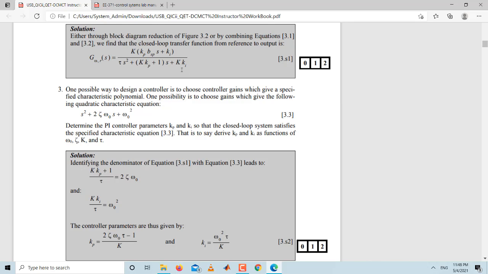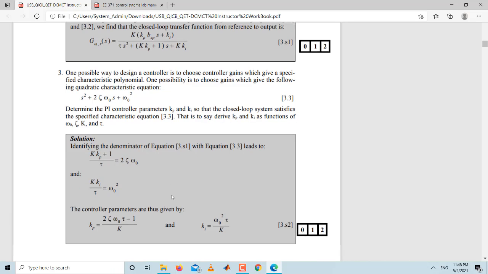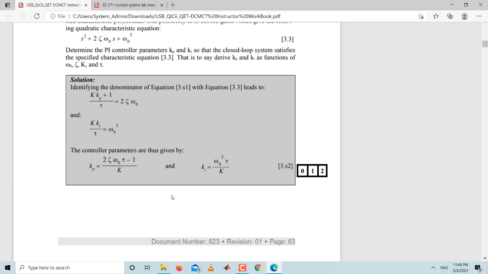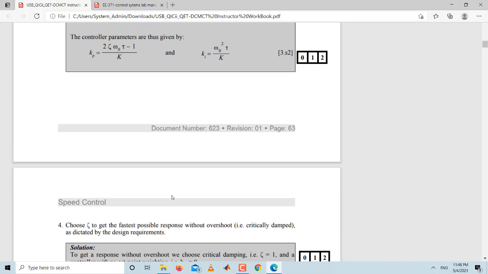Comparing the other term, capital K into small ki divided by tau is equal to omega naught square. Then you are going to solve these, find out the value of Kp from this equation and find out the value of Ki from this equation. So you just have to derive the relations. No numerical values are required, just the relations of these.